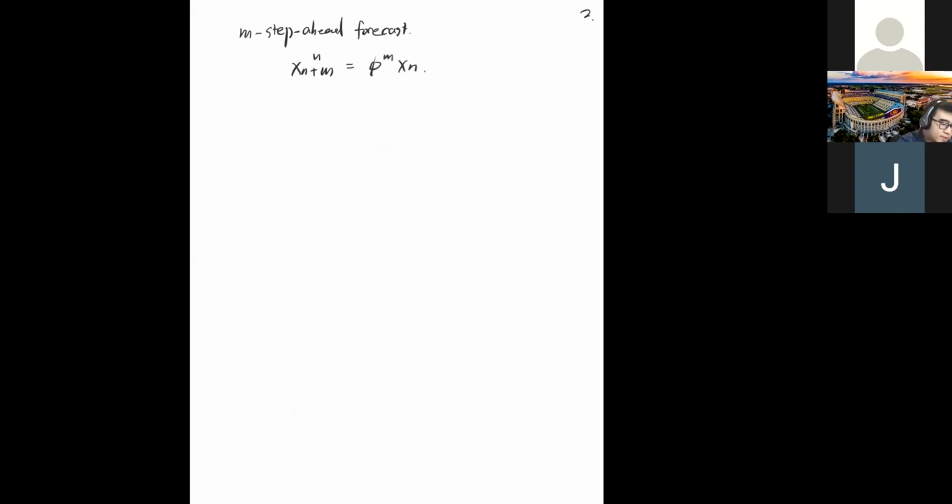And we can see what happens if m goes to infinity. Since our AR model is a causal and invertible model, the absolute value of phi is less than 1. So if this is the case, then x_{n+m} given n would go to 0.